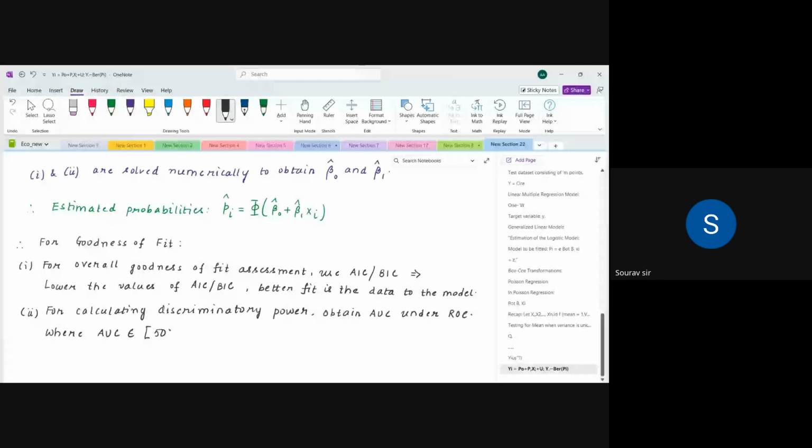Where your AUC must belong from 50% to 100%. And higher AUC, more the discriminatory power.